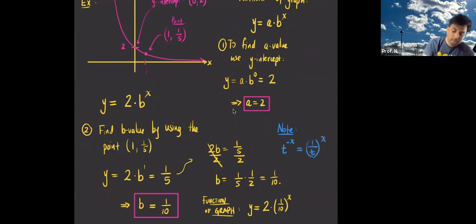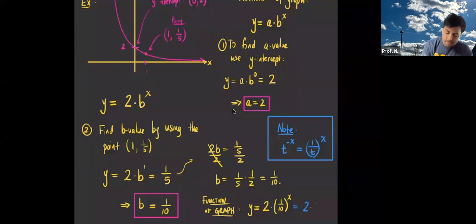Remember this? And what I'm saying is there's 2 ways to write 1/10 to the x. I can also write this as 2 times 10 to the negative x.